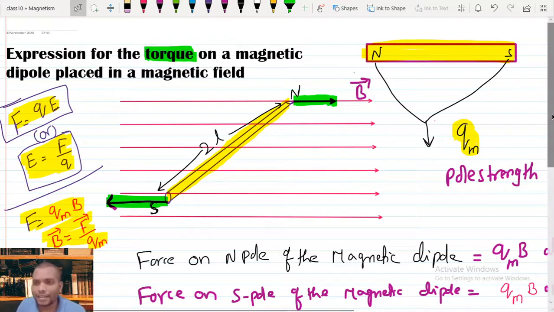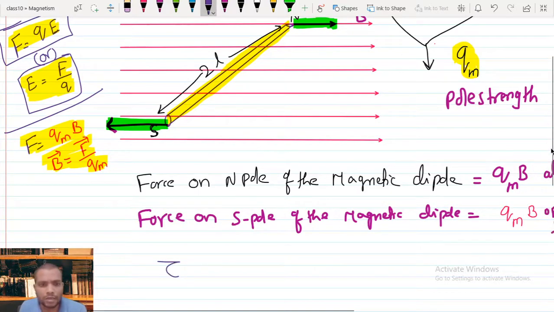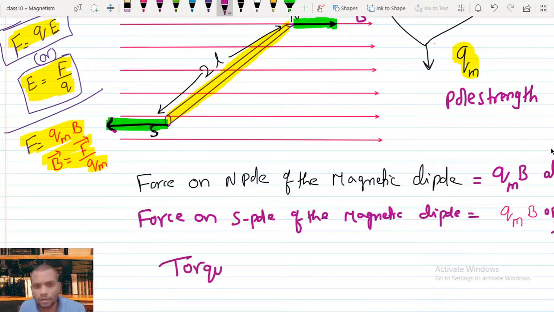To find the torque we use the torque formula, tau equals, as we are familiar, the magnitude of the force on any pole times the perpendicular distance.